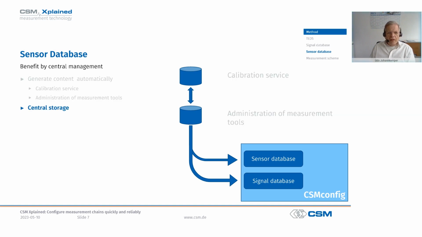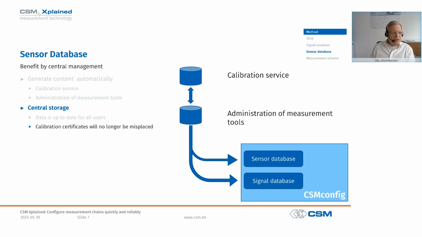And these departments very often have good tools to trace their actions, so the data is always traceable. So the data is up to date for all users. Calibration certificates will no longer be misplaced, and the status of the data is traceable.